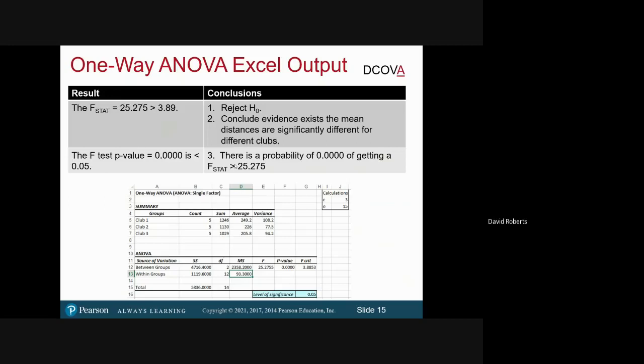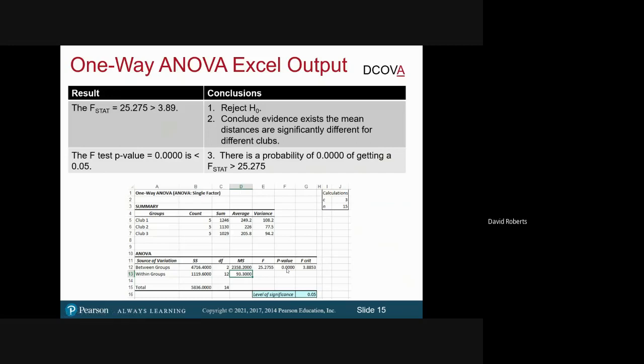So in this particular case, the conclusion is the same. You don't have to learn a totally new thing. You see all of these calculations. It gives us the sum, the average, the variance, and the totals between the groups and within the groups. And what you're looking for is cell F12.